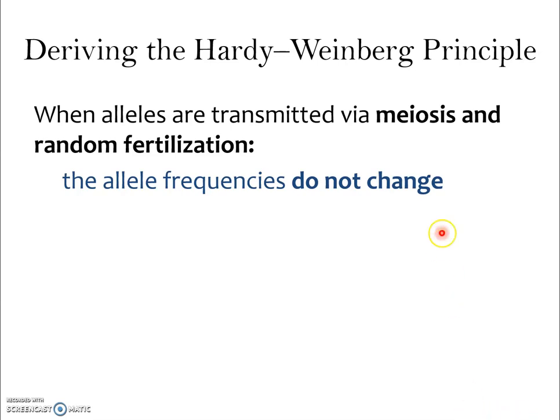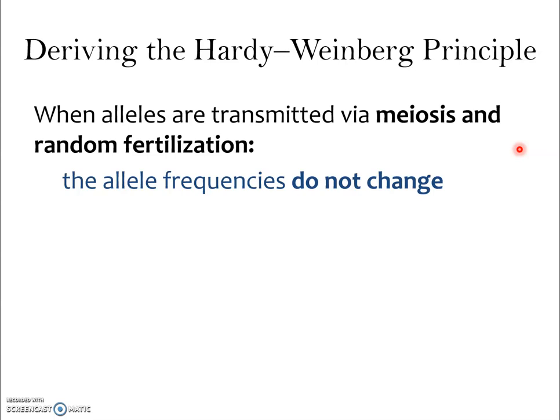Okay, so when alleles are transmitted by meiosis and random fertilization, so when alleles are sorted out into gametes by meiosis, and when those gametes find each other in a random way, like when we picked 2 beads out of our bucket of beads, all the beads were the same, you had no bias, you weren't looking, you had no bias into whether you were going to pick red or white, you just picked whatever you happened to pick.